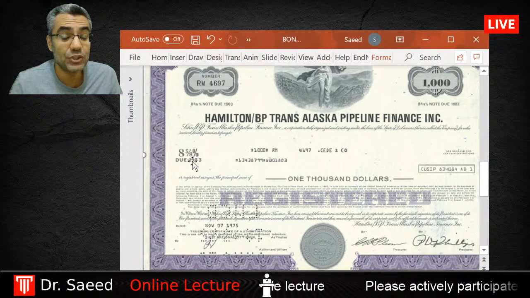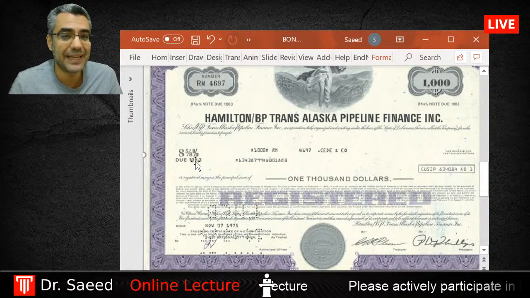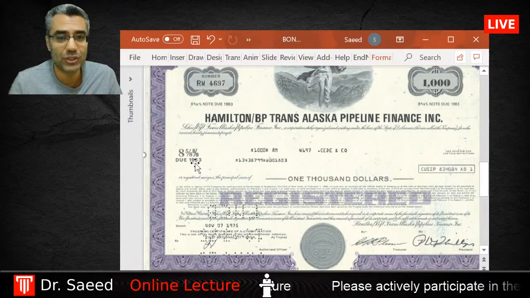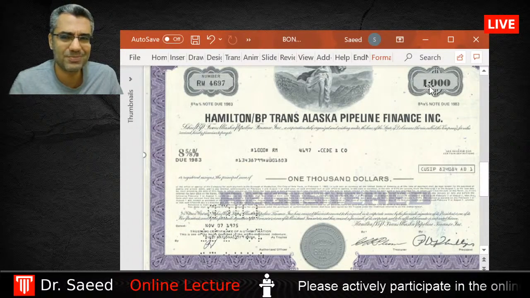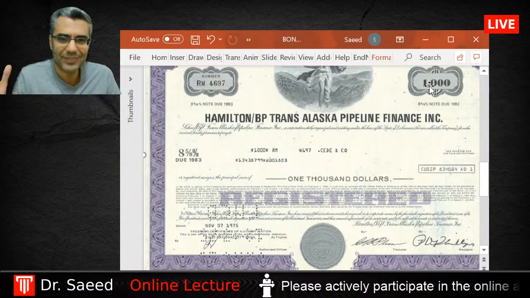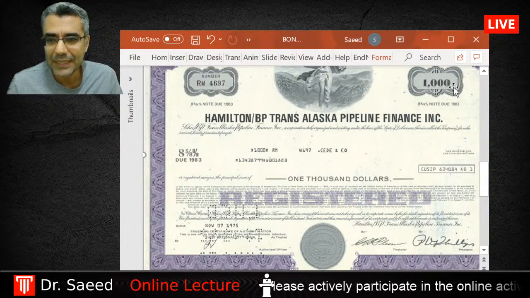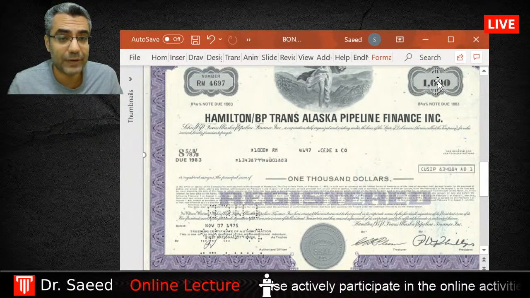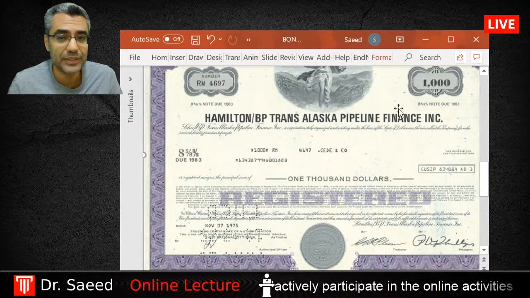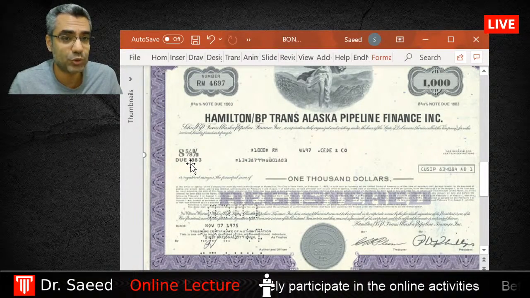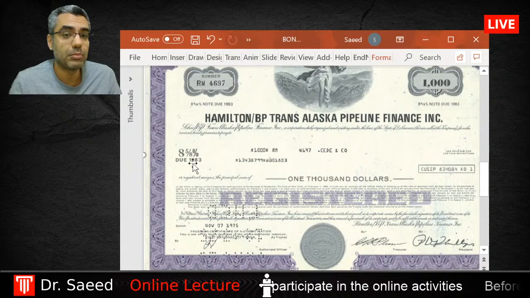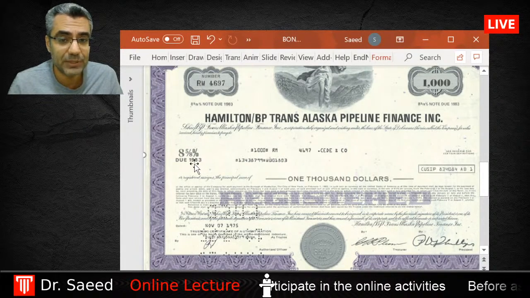This shows when is the end of life of this contract. This $1,000 is a par value. It's fixed. It's printed out there, and this 1983 is the maturity. It will help you to compute the number of periods till maturity.